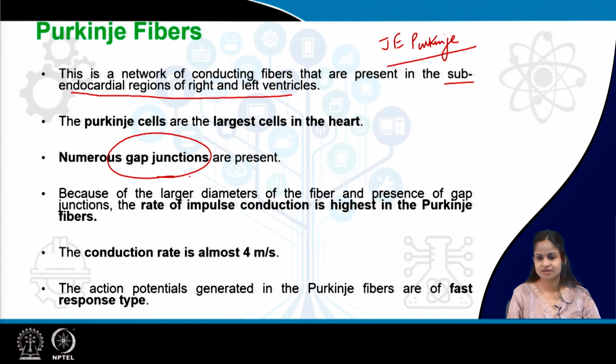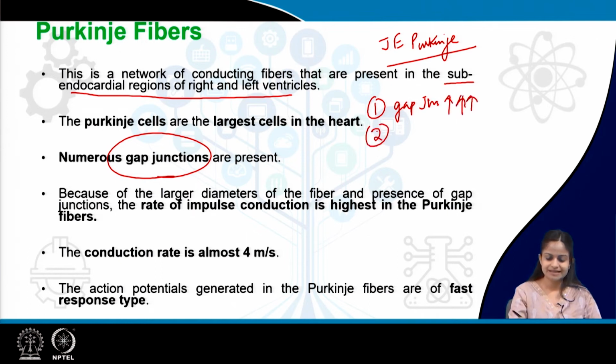Now, why is the conduction fast? The first point is that gap junctions are present in large amount. The second point is the fast type of action potential, because the ventricular muscle has a resting membrane potential of minus 90 millivolt.